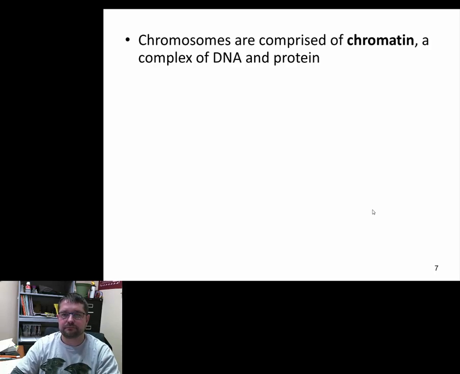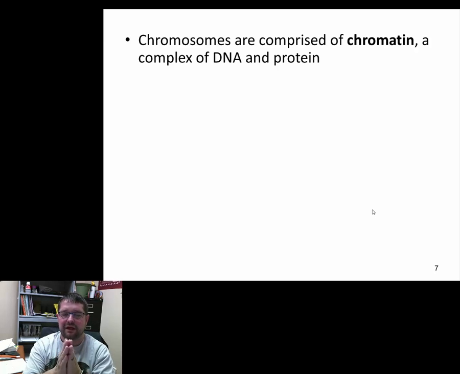Chromosomes themselves are composed of what we call chromatin, which is DNA and protein. Some proteins are incorporated with the DNA, or rather bind with the DNA.